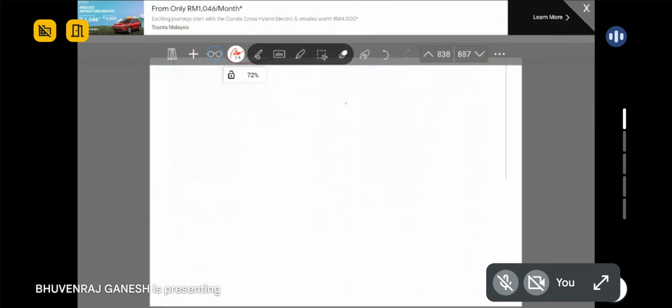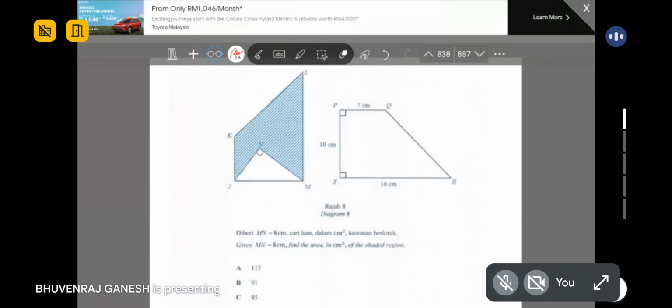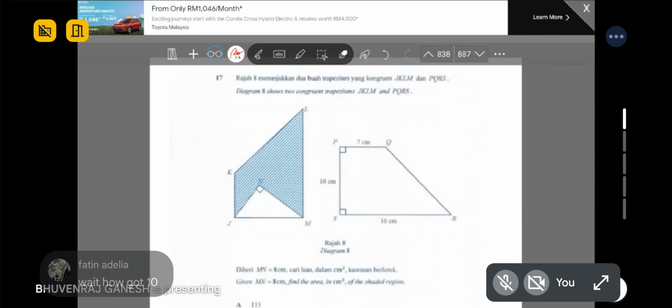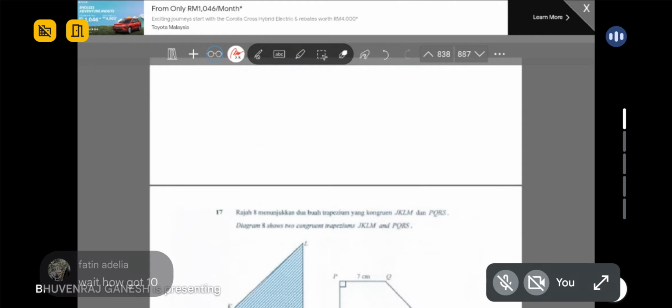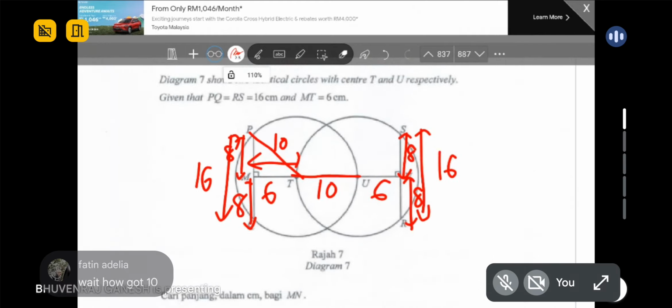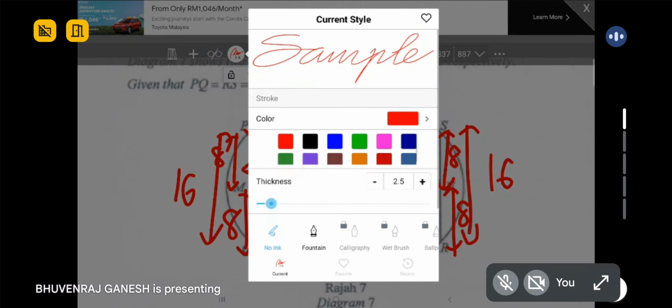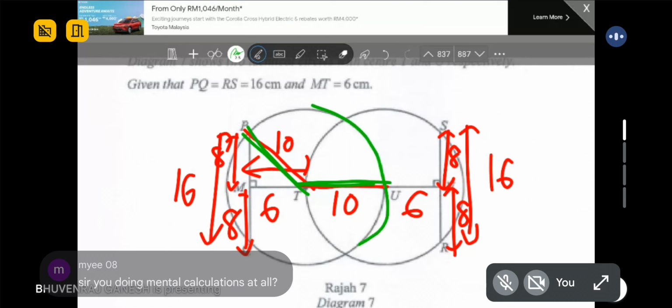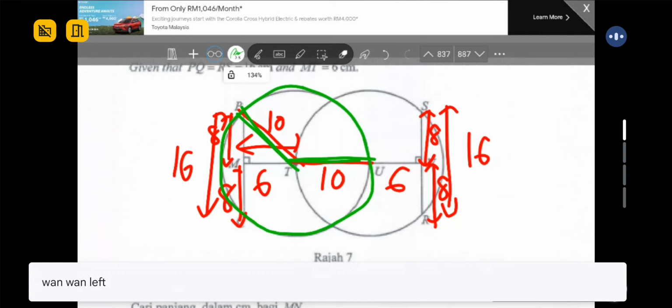Still surviving? Okay, next one. 17. Anyone? 17? Yes or no? How did you get 10? Wait, 10 because it's the radius, Fatin. This one is the radius. Can you see? PT and TU are in the same circle, right? It's the radius of this circle. So it's the same value. 10, 10.